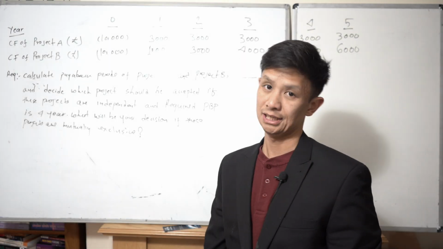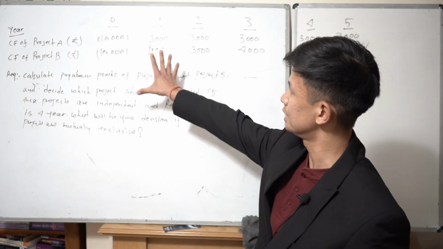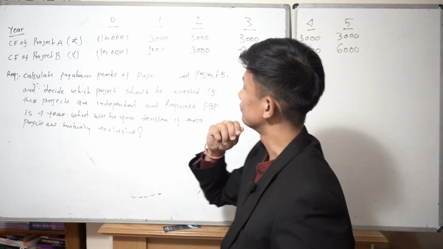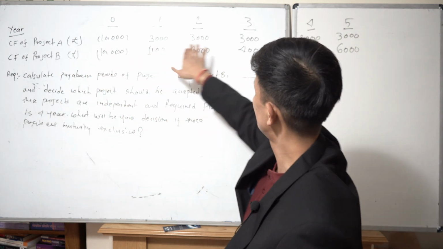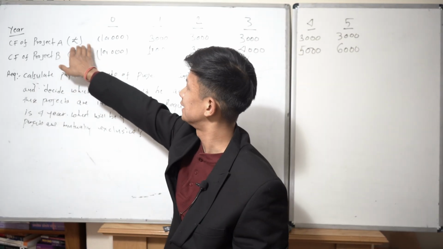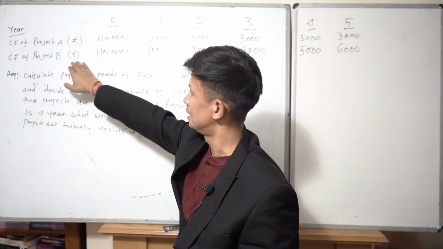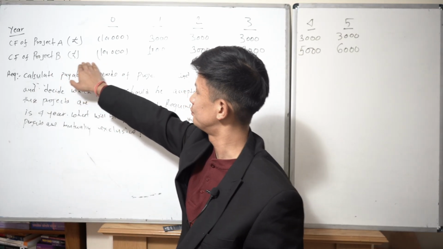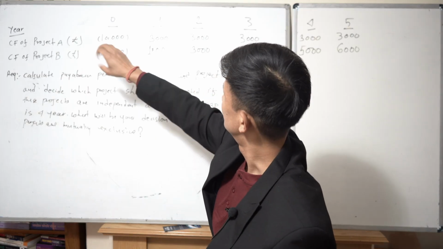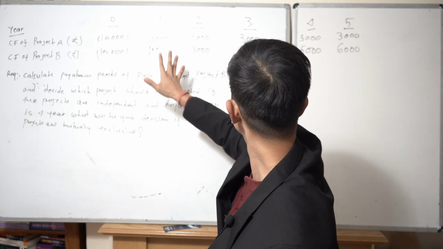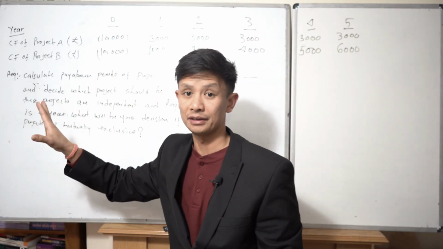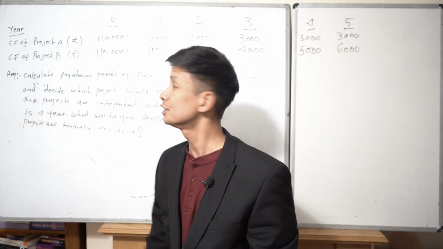Now let's have a look at one example here. I have a question here. The upper row is the cash flow of project A and the second row is the cash flow of project B. The year is from 0 to 5, so we know that this is clearly a 5-year project.